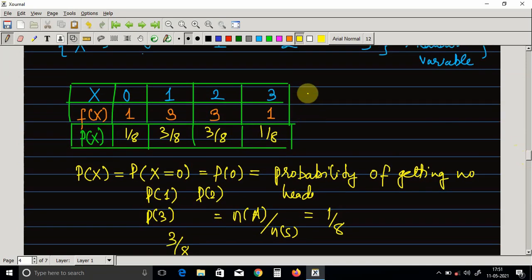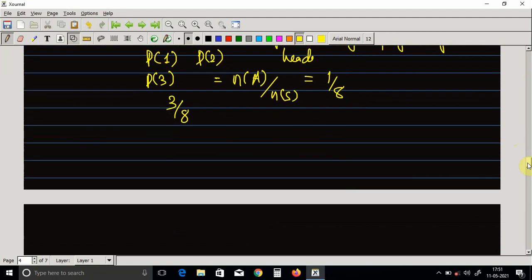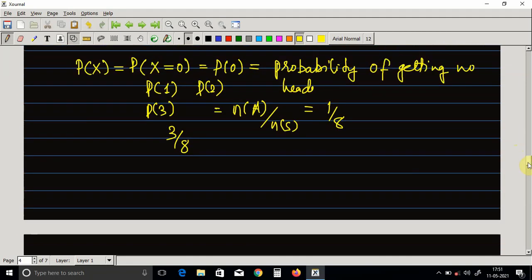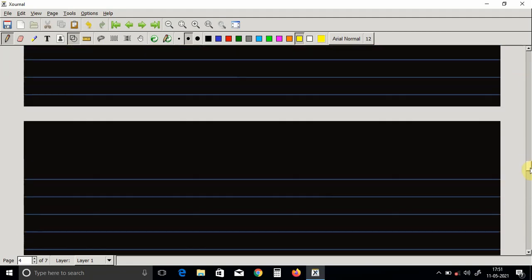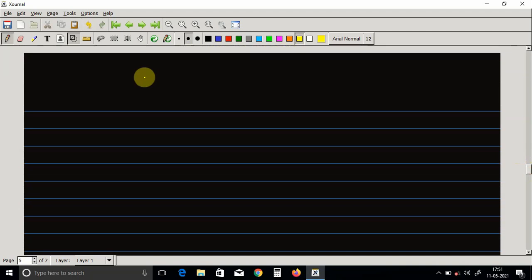So I hope this is clear. This is called probability distribution, and this is how it looks. You can do the same thing with different random experiments, like throwing a dice 2 times.